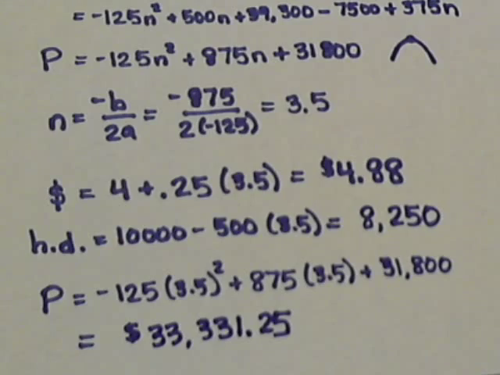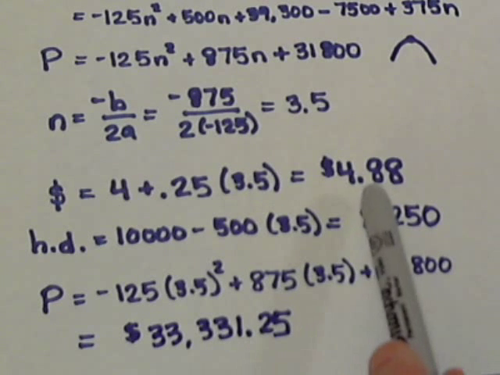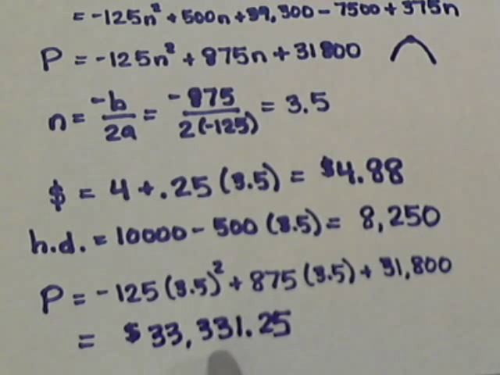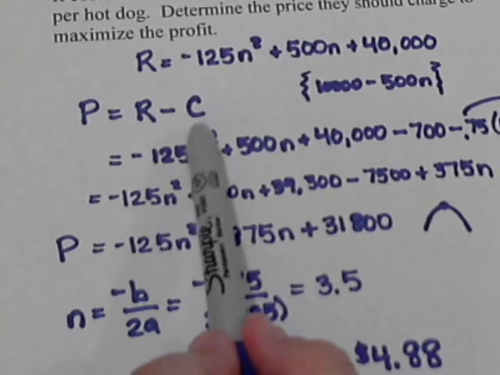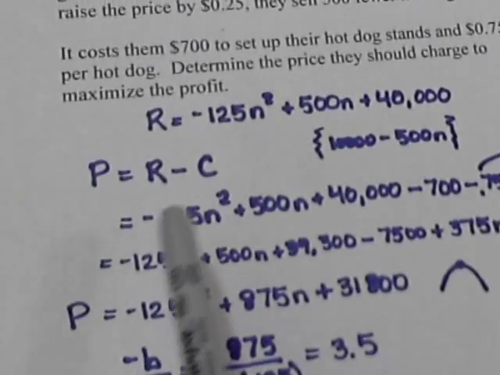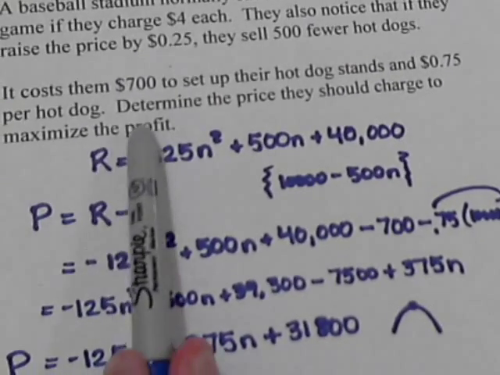And if you're thinking about the revenue problem, you said, well, wait a minute, we're charging more, but we're bringing in less. That doesn't seem to make sense. But remember, we're dealing with profit. Yeah, we're charging more. We're not selling as many hot dogs, but now we do have to spend some money to pay for all these hot dogs. Remember, we have to spend $700 to get this set up.